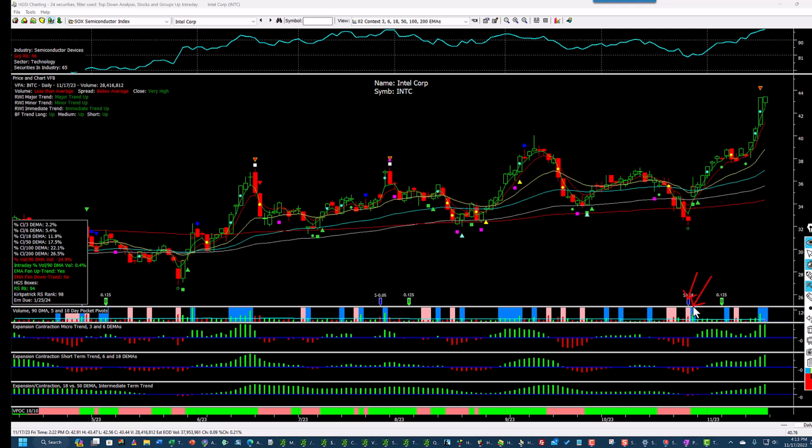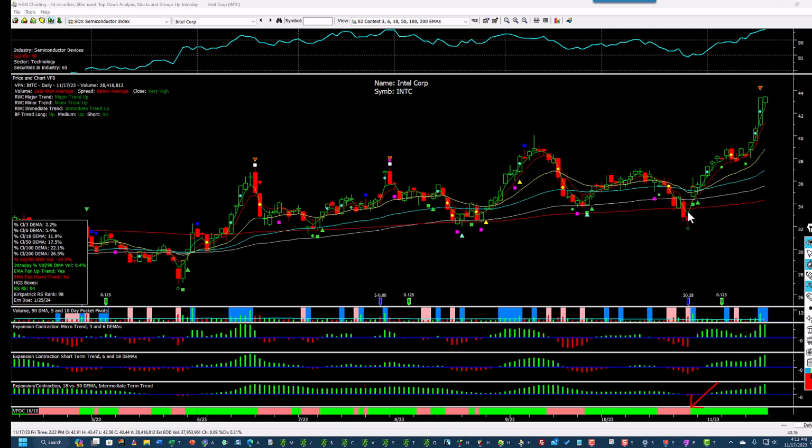And notice the next day on the gap up, heavy volume, so heavy demand, and I'm sure this was on earnings, and there was a VPA flag strength coming back in, and then a confirmation of that strength as it shot up. The 3 went up through the 6, and the VPOC was positive before that.